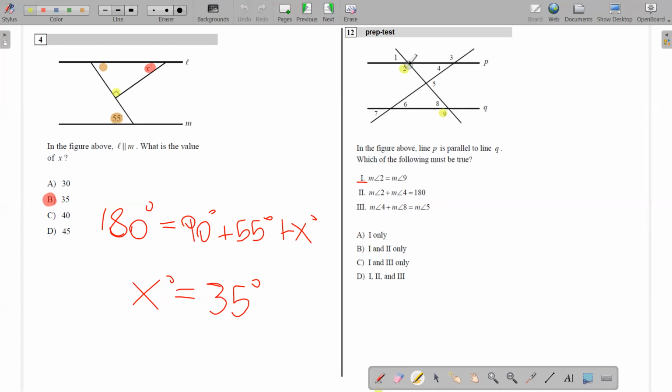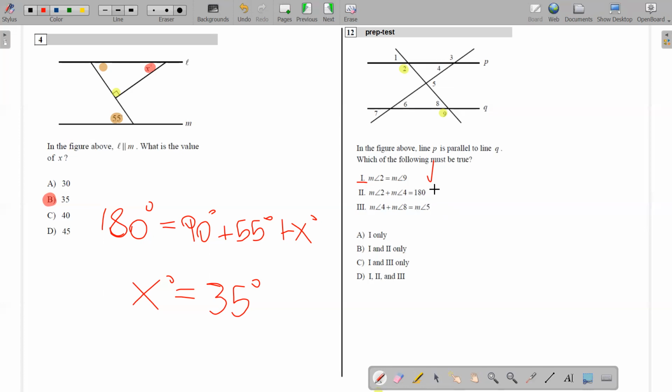Statement number 2 says that... first of all, statement number 1 is correct, perfect. Statement number 2 says that the measurement of angle Q plus the measurement of angle 4 is 180 degrees.